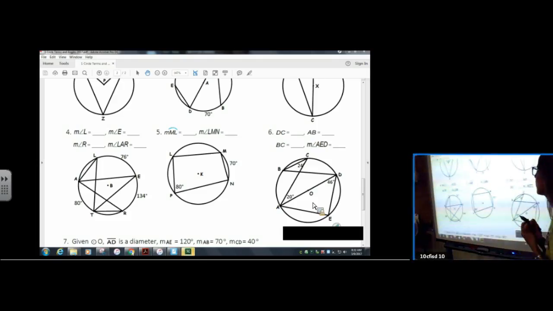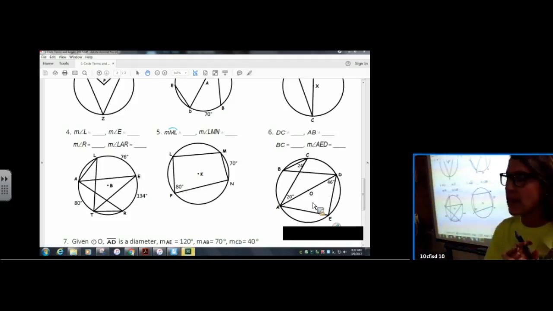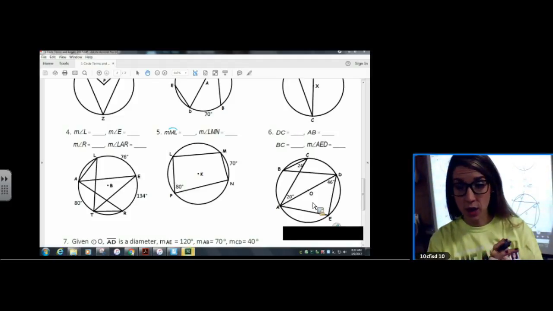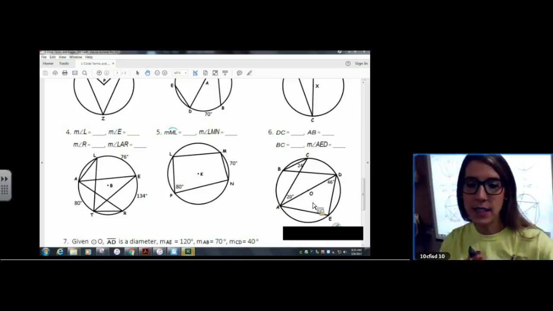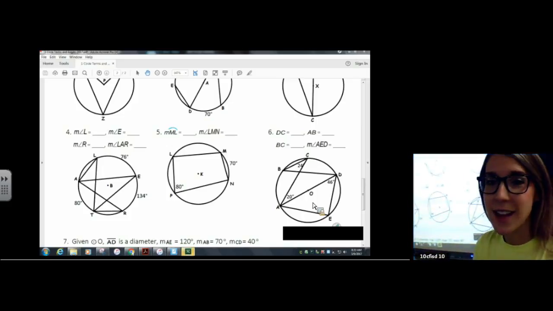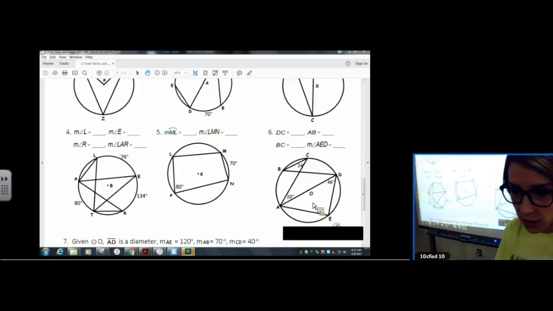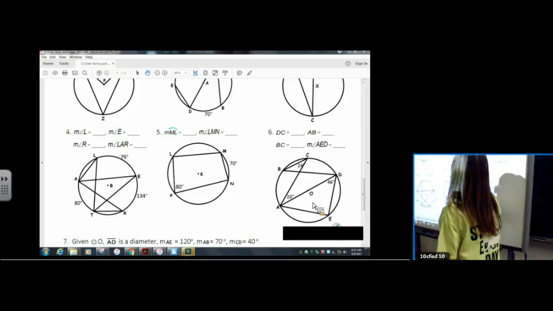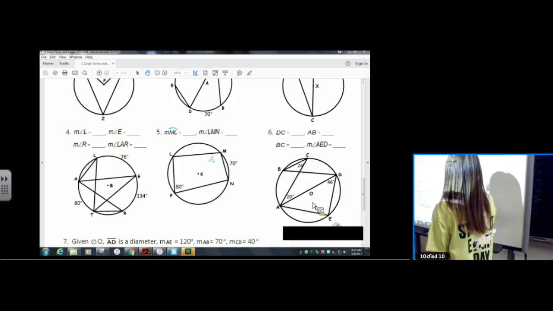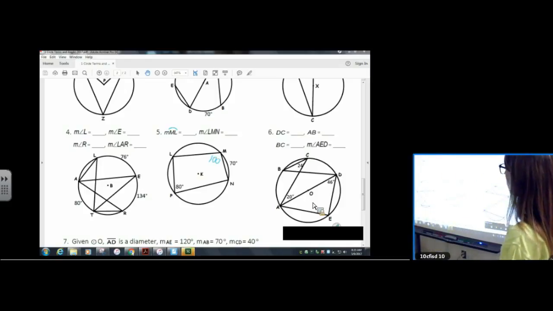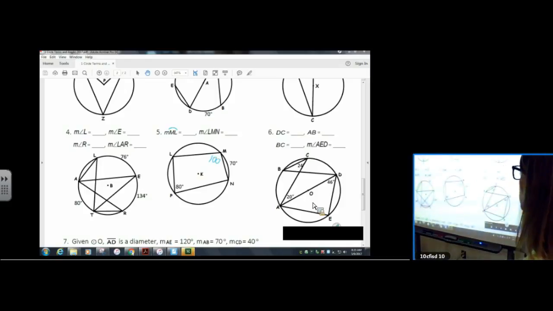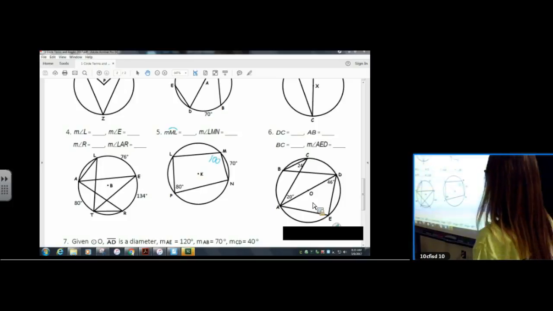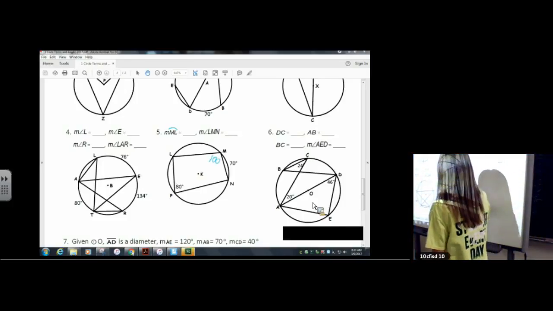Number 5, we learned a theorem. We learned that if a quadrilateral is inscribed in a circle, the opposite angles are supplementary. Not congruent, but supplementary. So I'm going to go ahead and fill in the angles. We might need them, we might not. That one's obviously 100. Let's look at inscribed angles.